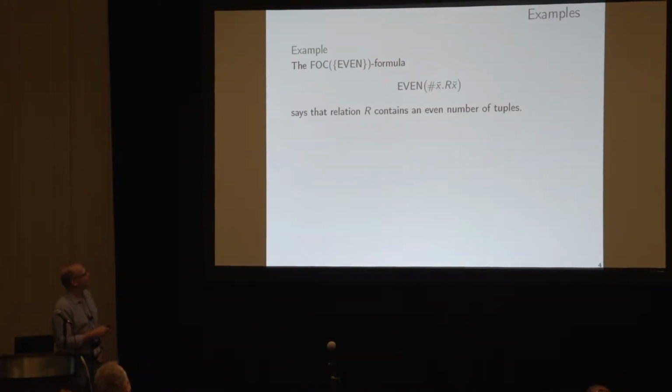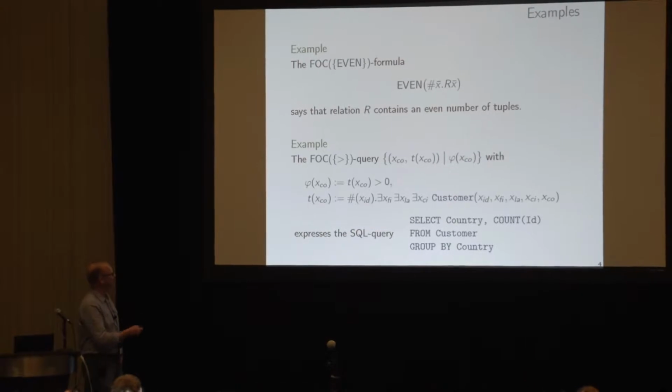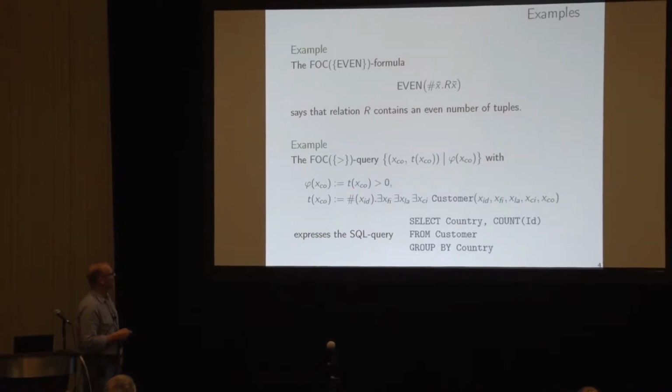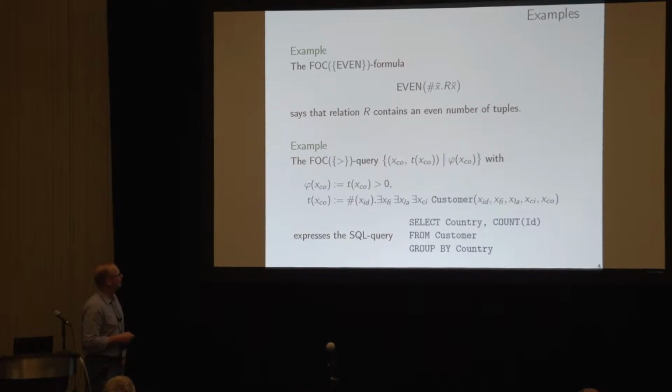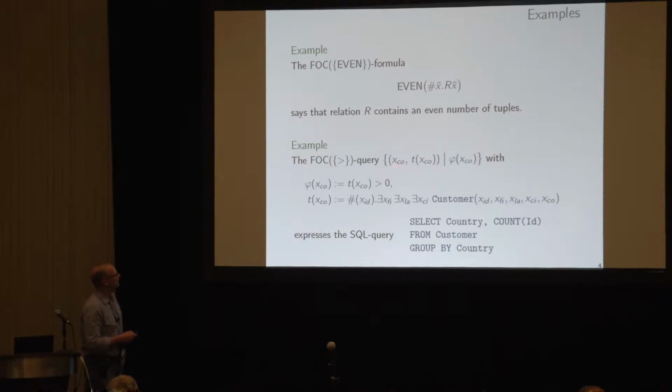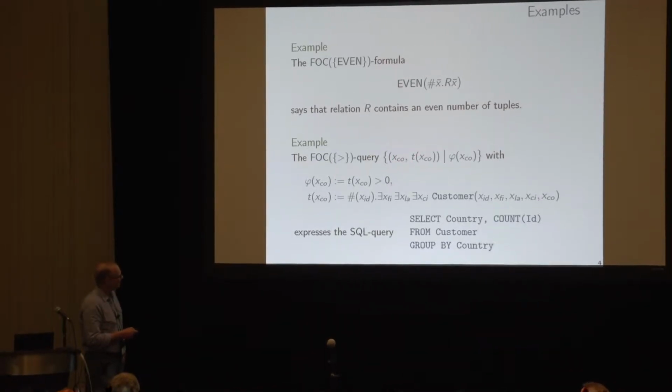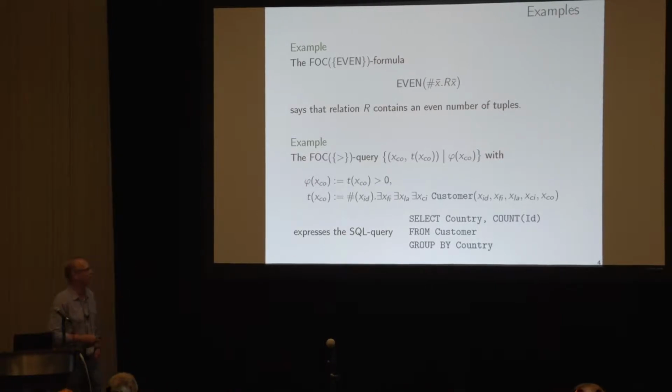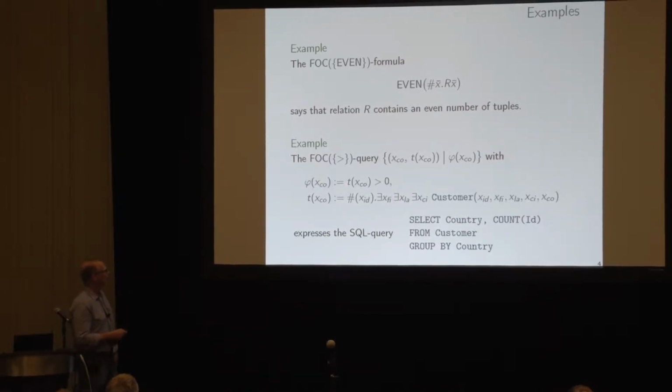Okay. So, for example, this even thing we can now express, we use an even cardinality predicate, and then we just count the number of tuples in a relation and say it's even. Okay, so that's easy. The SQL example can also be expressed. Basically for this query, we would have to write it like this with two variables where we have the country variable here and there is a numeric term that gives us the number of customers, and then you can just write it down.